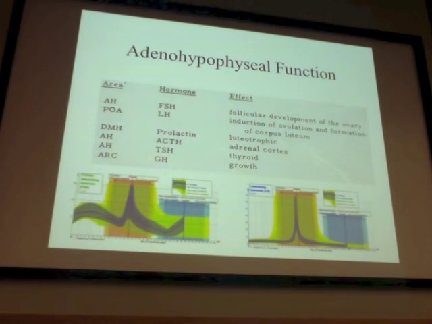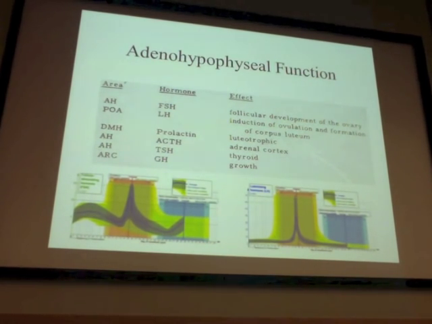And so the areas that are important here are the anterior hypothalamic nucleus, which releases follicle-stimulating hormone, the preoptic area, which releases luteinizing hormone, the dorsal medial hypothalamus, which releases prolactin. Anterior hypothalamus also releases adrenocorticotropic hormone and thyroid-stimulating hormone. And the arcuate nucleus of the hypothalamus releases growth hormone.